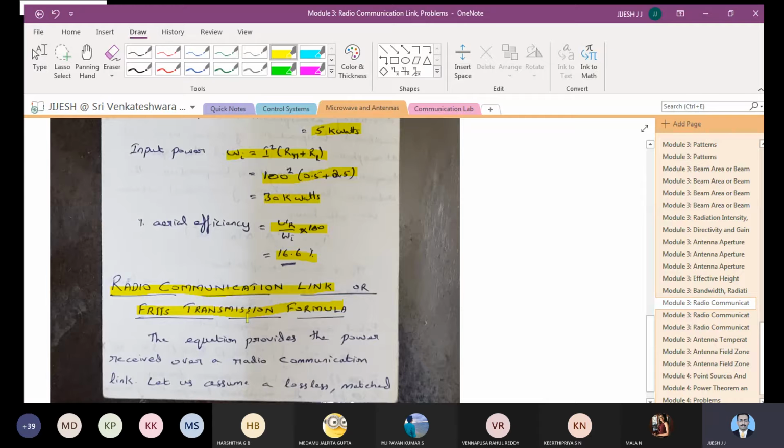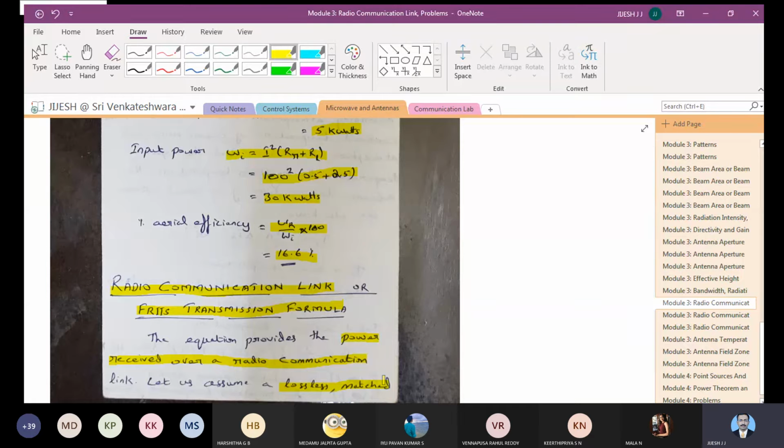So all of you just note down, we have a small derivation for this one. The equation provides the power received over the radio communication link. This I have already told you. Let us assume a lossless matched system. We will draw a small figure to understand the transmitter and receiver antenna separated by a distance of L, or R or S, any notation you can give.